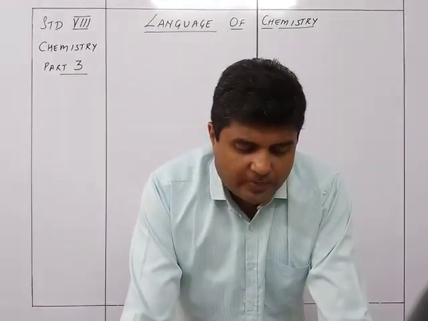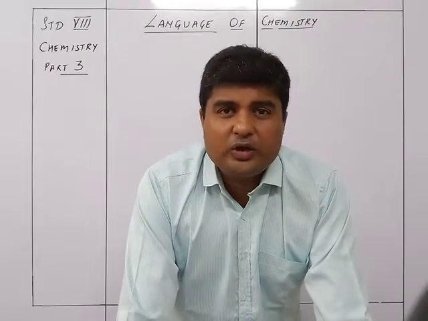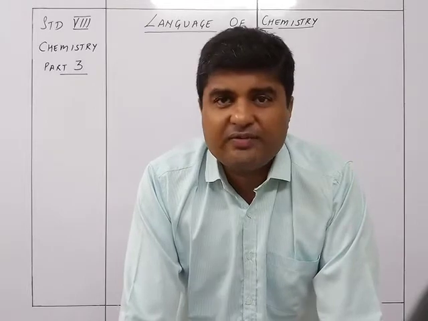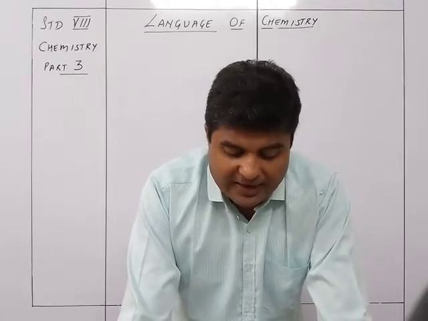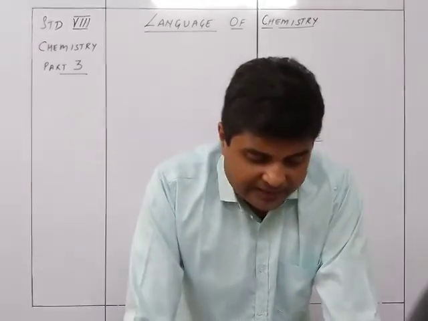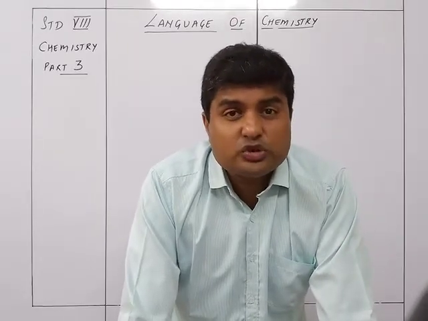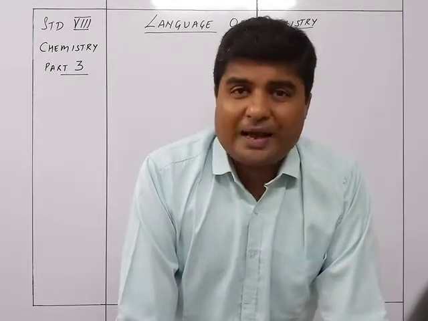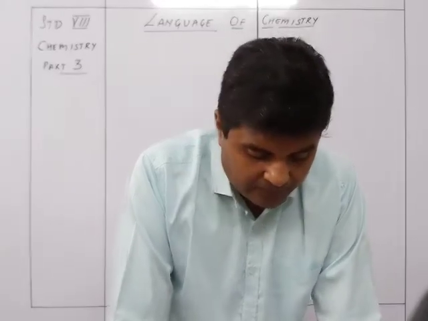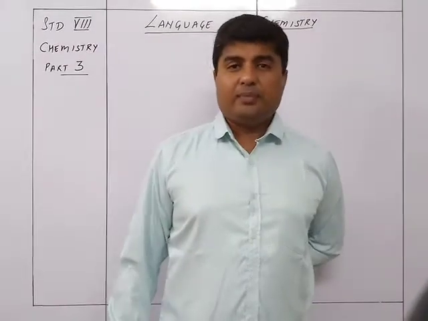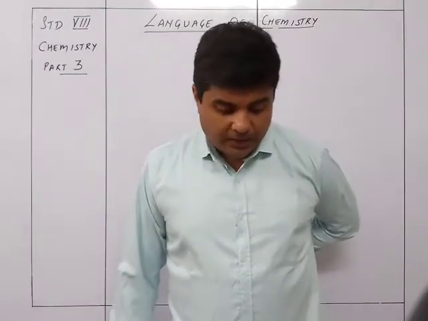Helium has atomic number 2, so it has just a K shell with 2 electrons, and it's a noble gas because the valency is 0. Lithium, atomic number 3, is 2, 1, so it is plus 1 valency, a metal. Beryllium is 2, 2, so plus 2 is the valency, again a metal.